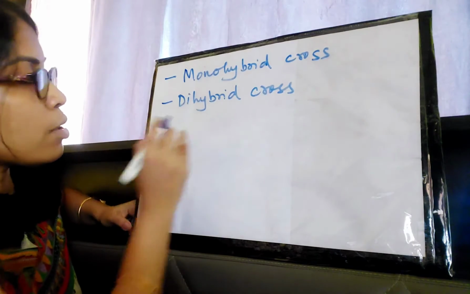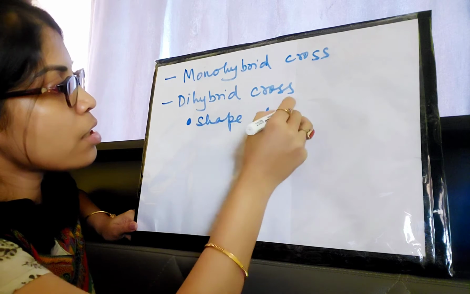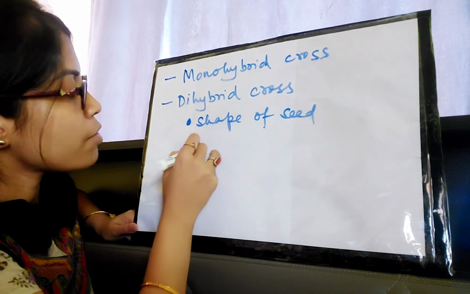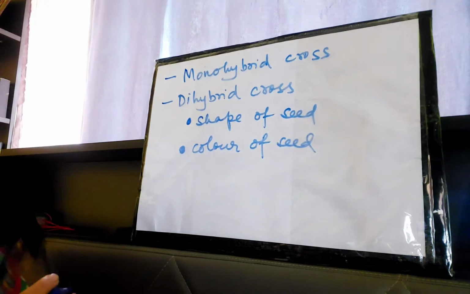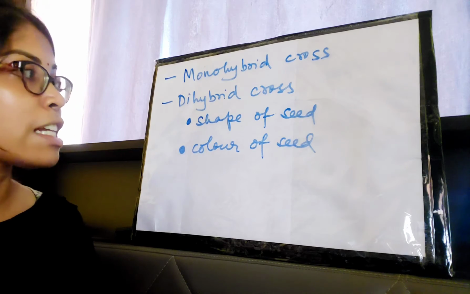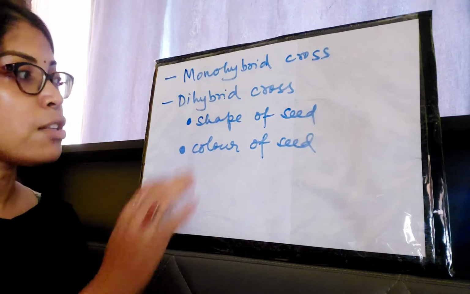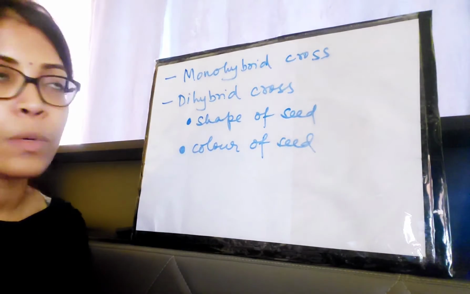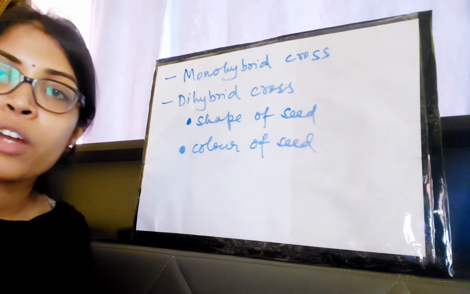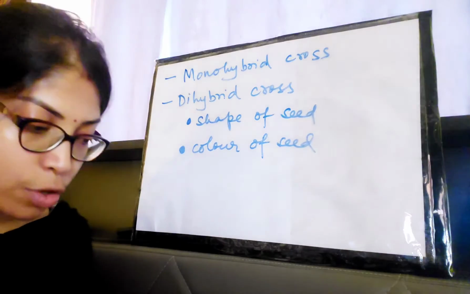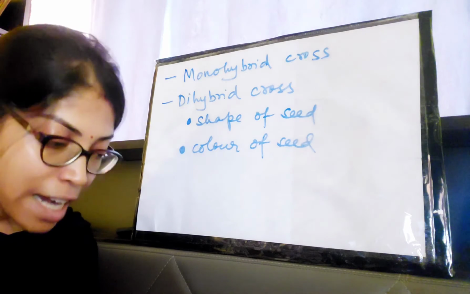So he considered this cross in such a way that the contrasting alleles of these two characters are involved within this cross, and thus we are getting the two pairs of contrasting characters, and thus the name dihybrid cross. Okay, so I hope it is clear to you all what is monohybrid cross, what is dihybrid cross.